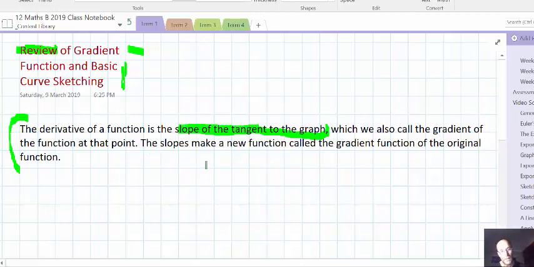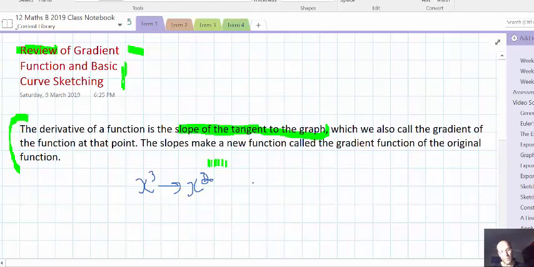The slopes all together, if you had infinitely many slopes, you'd create another function, and that would be called the gradient function of that original function. That is from previous work. Because we're taking the derivative to find that, if we started with some sort of cubic, the gradient function would be some sort of quadratic, and so on.